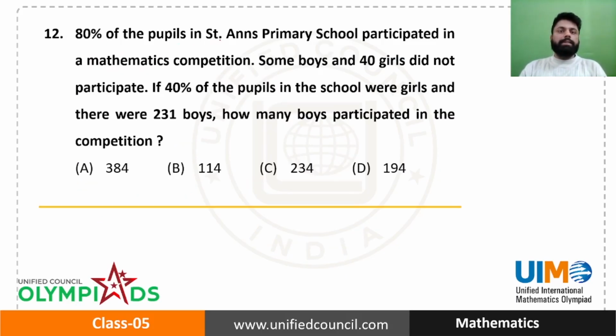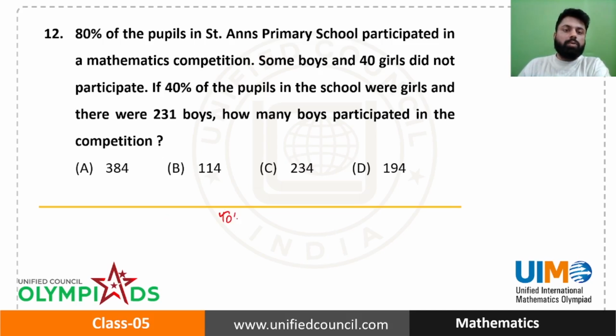80% of people in St. Anne's Public Primary School participated in a mathematics competition. Some boys and 40 girls did not participate. And 40% of the people in the school were girls, and there were 231 boys. How many boys participated in the competition?